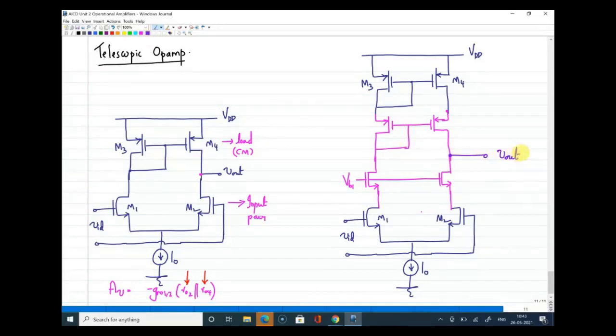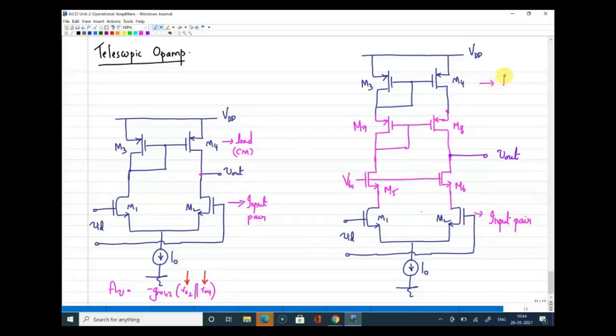All right. So how will I number this now? In order to keep the same numbering as before, I keep this as M1, M2 and this as M3 and M4, and these can be numbered M5, M6, and this can be taken as M7 and M8. So how will I identify each structure? M1 and M2 form the input differential pair.